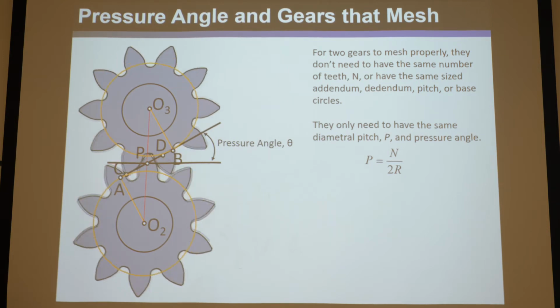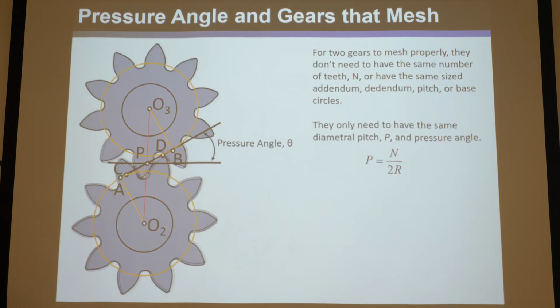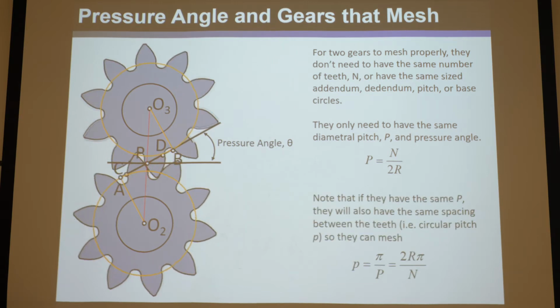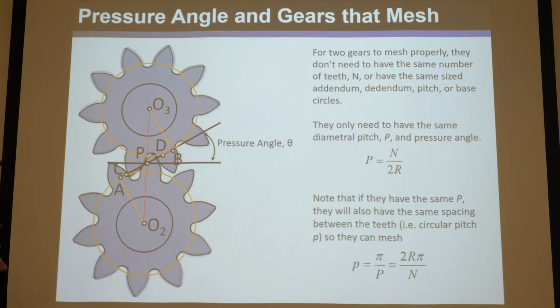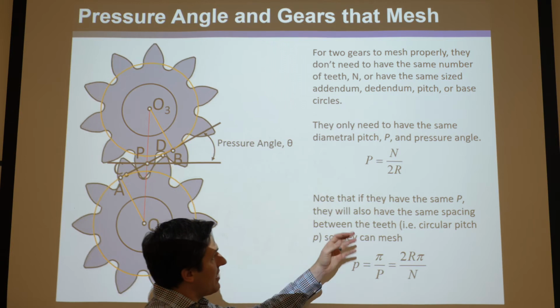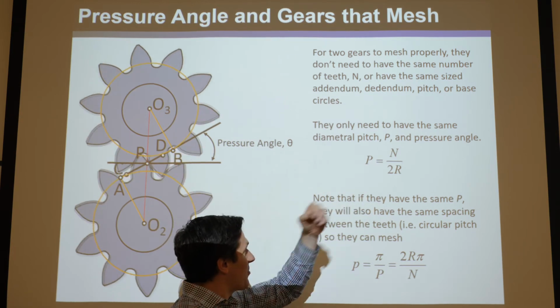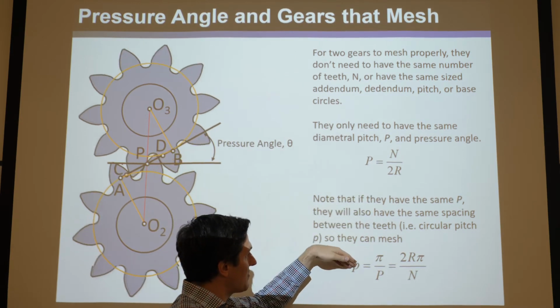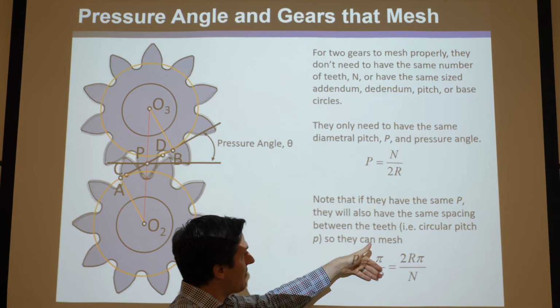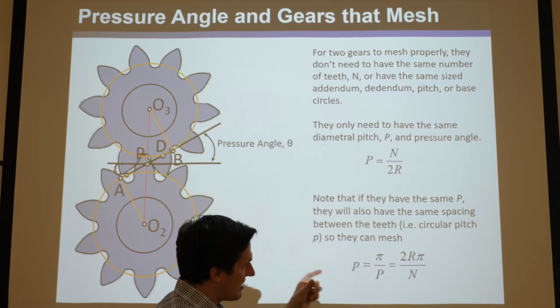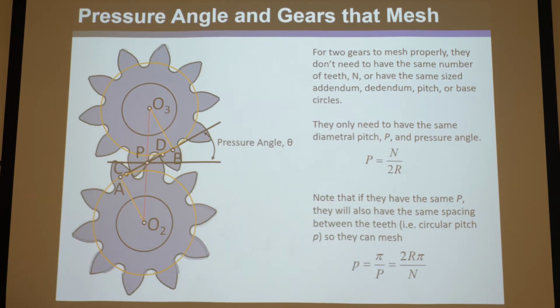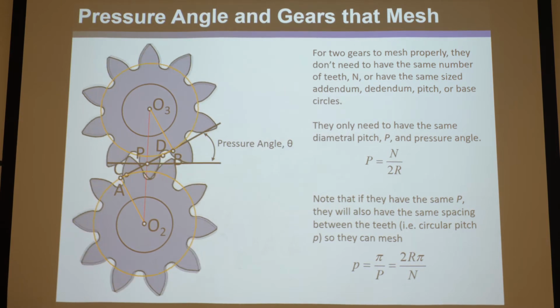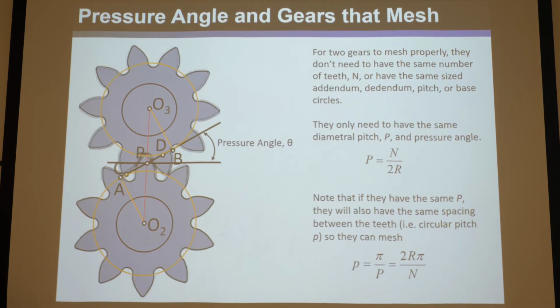Okay? So of course they have to share the same pressure angle, but they definitely have to have the same diametral pitch, which makes sense because if you recall, the way to physically kind of interpret the diametral pitch is to think of it in terms of the circular pitch, which is pi divided by the diametral pitch, which is basically the teeth spacing. Of course, for gears to mesh, they have to have the same spacing of teeth.